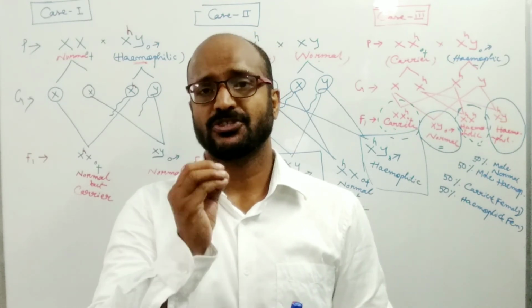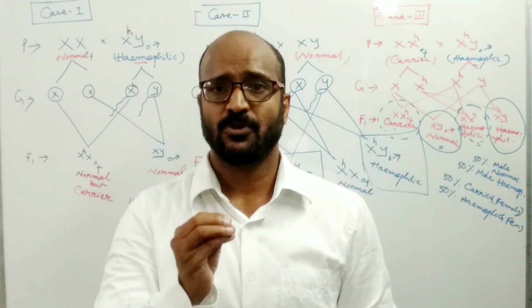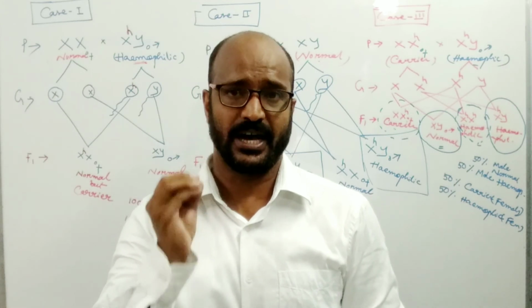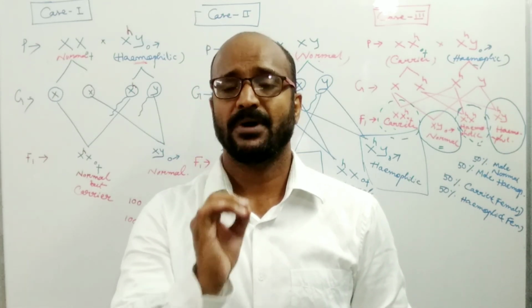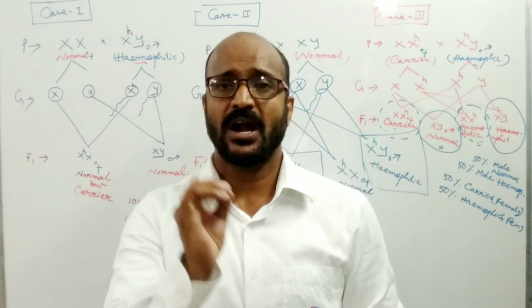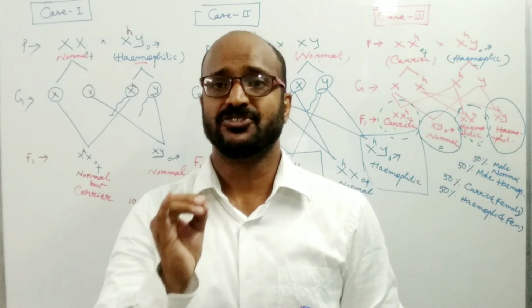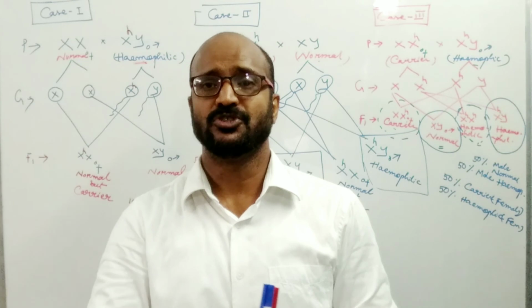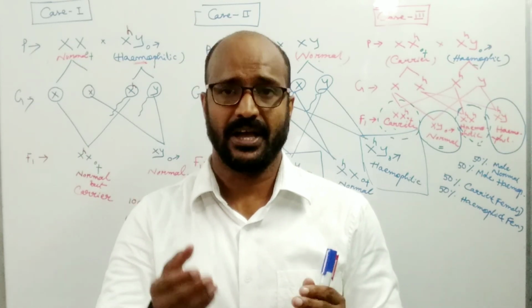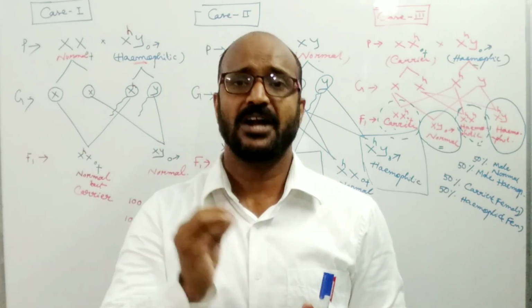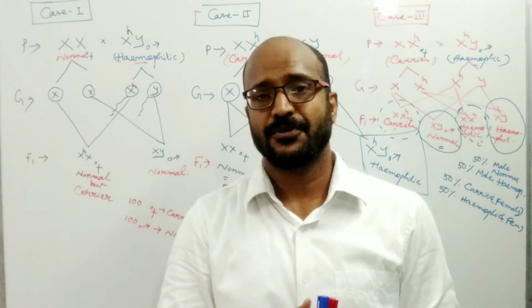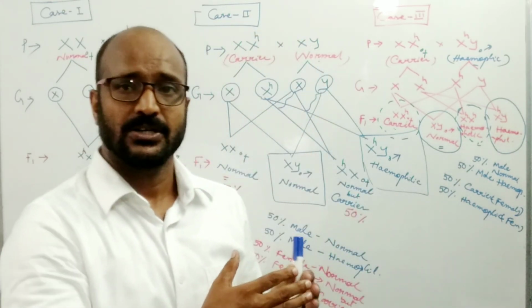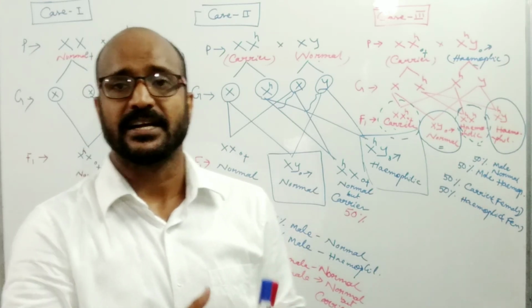That's why the Hollandric gene is responsible for the development of hair on the ear pinna, which is known as hypertrichosis. So the Hollandric gene, or the Y-linked gene in humans, is responsible for the development of high hair on the ear pinna, known as hypertrichosis. So these are the different conditions of the inheritance of sex-linked genes in humans.